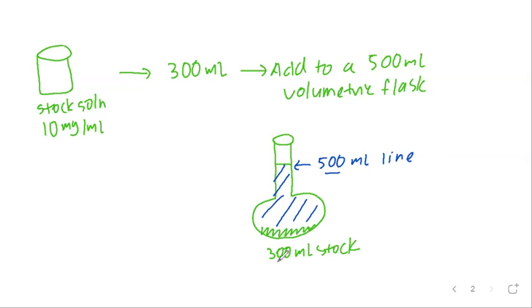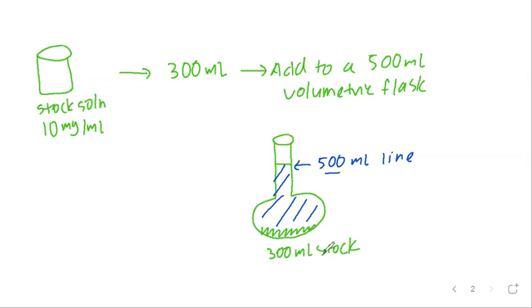And we do it this way because, again, volumes aren't necessarily additive. So you can't say that you need 300 milliliters of stock plus exactly 200 milliliters of water to make 500 milliliters total, because the densities of the two solutions might be different. They pack together differently.